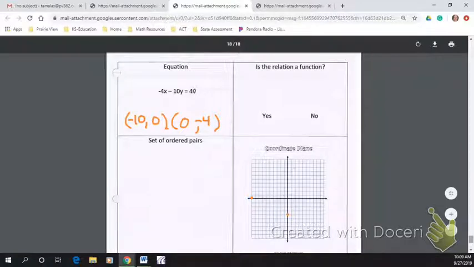Right there. Does that make sense? Okay, so if I connect those 2, I will have my line. So there is my diagonal line made by this standard form using intercepts. All right, is it a function? Yes, it is. Very nice.